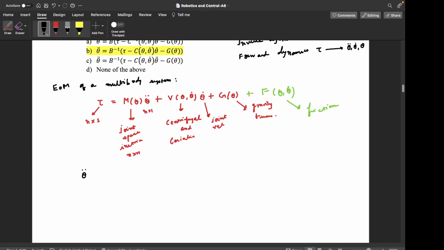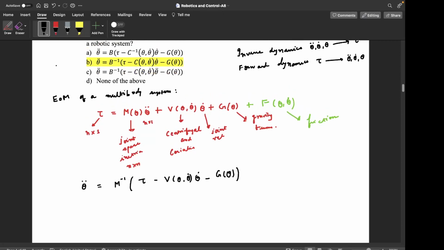That will be theta double dot is equal to M inverse times tau minus V theta dot minus G theta, right?